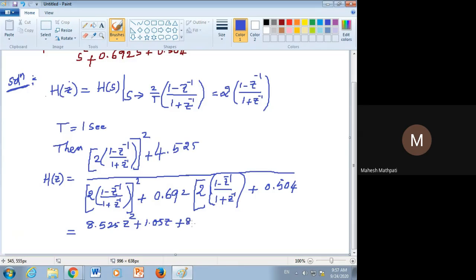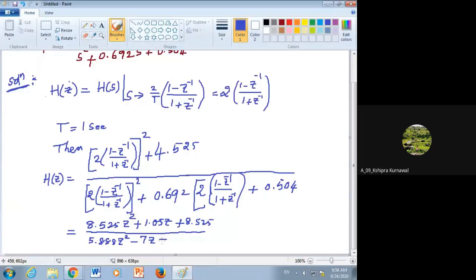Okay, it is 8.525 divided by 5.888 z square minus 6.992 z, or I can write it as 7z, minus plus 3.12. Are you getting plus 3.12?